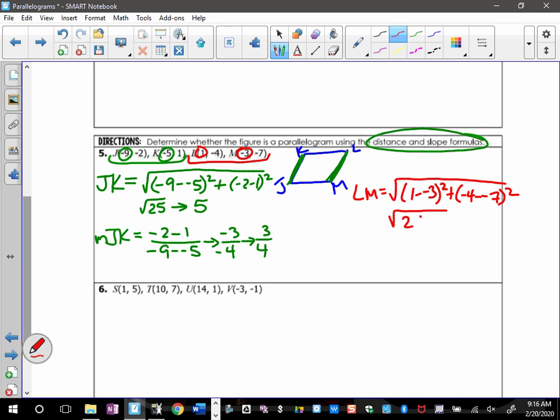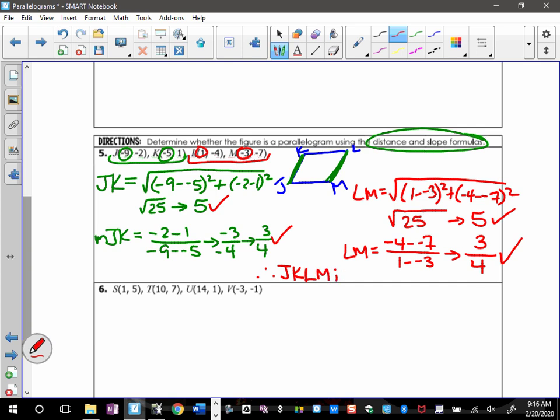Sorry. 25, no, that's 5. So far, we have our distance matching. We need to check our slopes. We have negative 4 minus negative 7 over 1 minus negative 3. On top, that gives us 3. Bottom is 4. They match. Therefore, JKLM is a parallelogram.